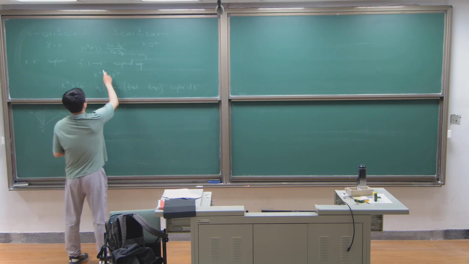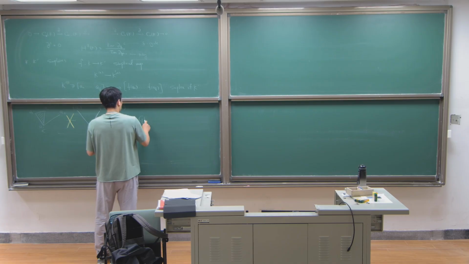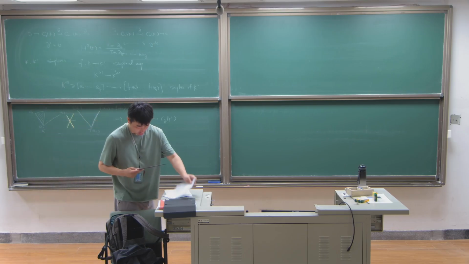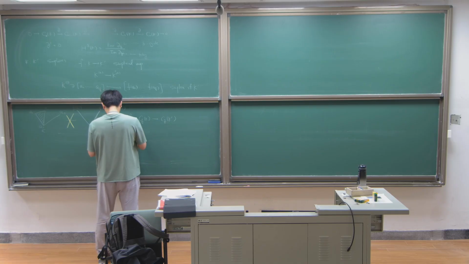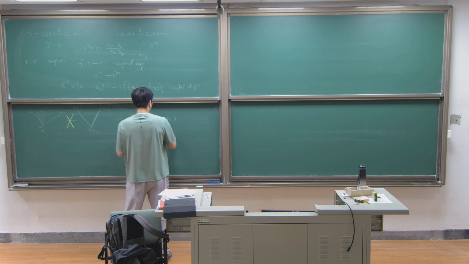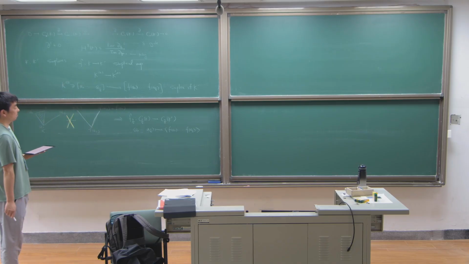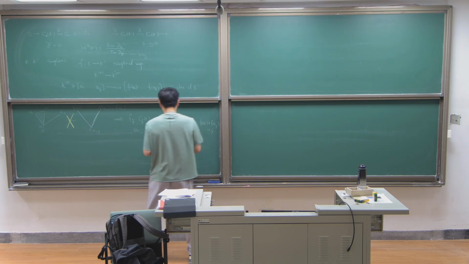And this simplicial map will 诱导这个 chain complex 的映射. If F(Ai) is not F(Aj), any i is not j, otherwise it just maps to 0.